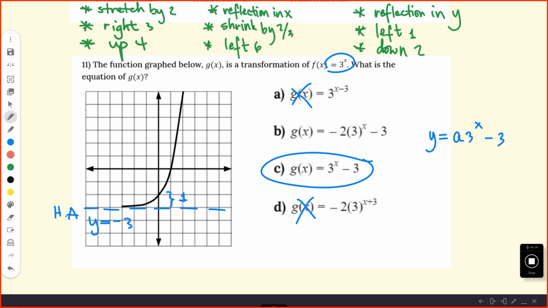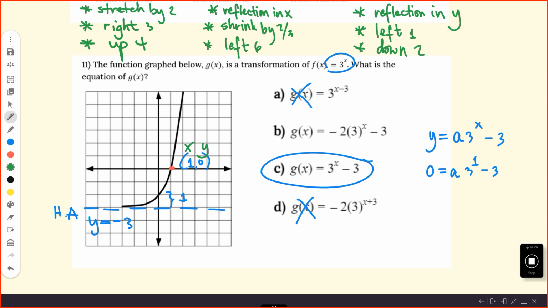So let's say we're going to use this point. This is 1, 0. If we plug it in, this is my x and this is my y, so 0 equals a times 3 to the 1, because x is 1, minus 3.